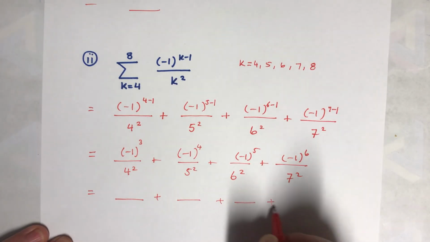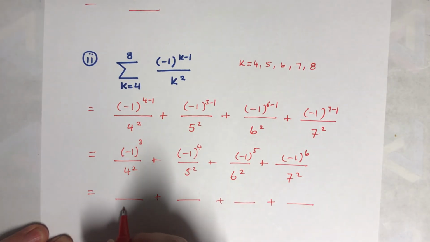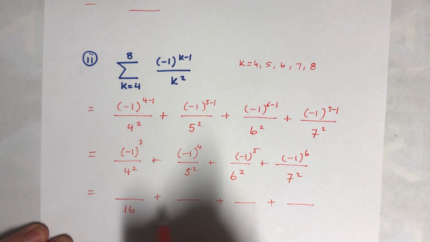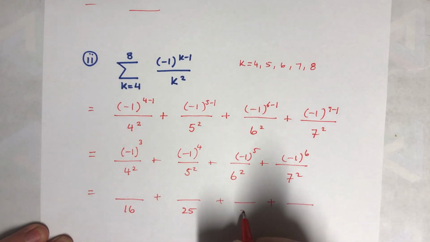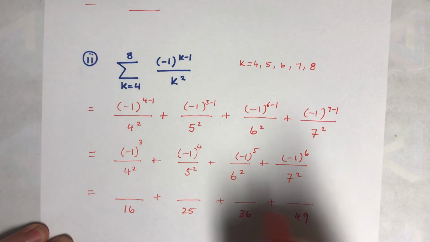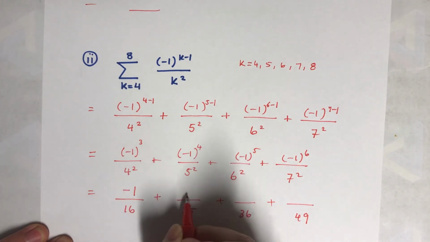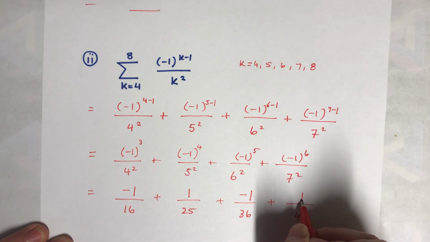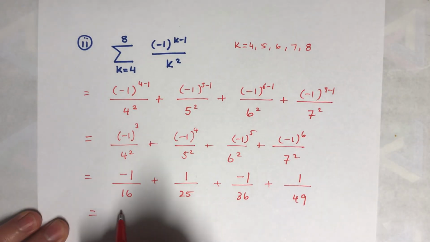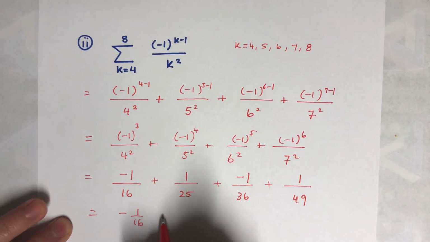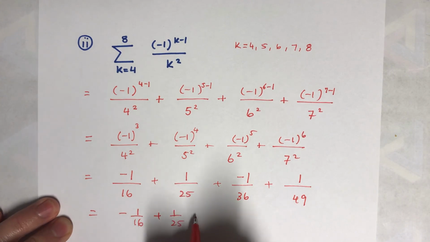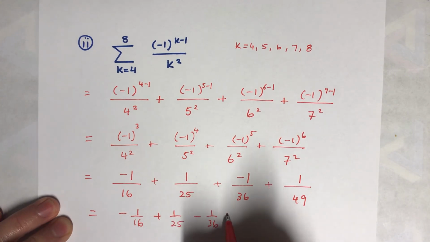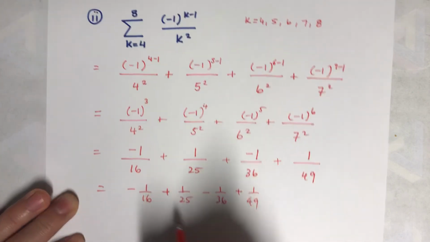I'm just going to make it quick. So what's that? 4 times 4, 16, 5 squared, 25, 36, 49. Now that's minus 1, that's plus 1, minus 1, that's 1. Okay, so roughly minus 1 over 16, plus 1 over 25, minus 1 over 36, plus 1 over 49, and the answer.